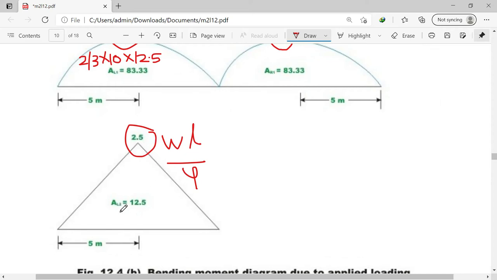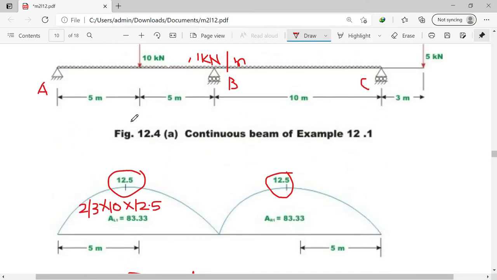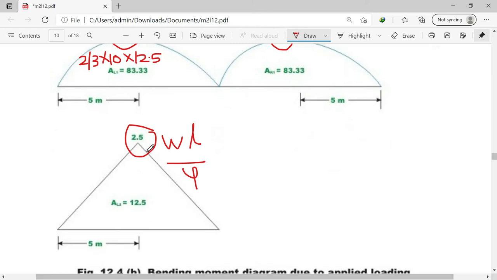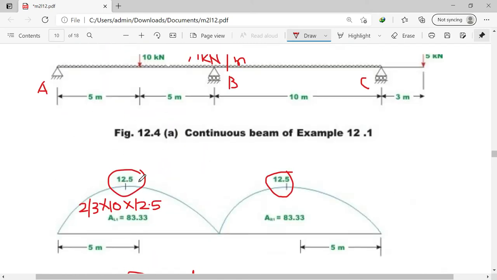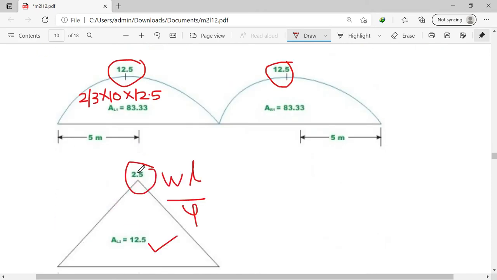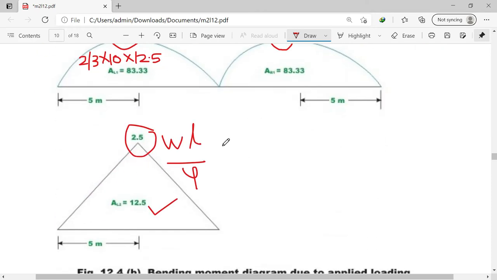The area is half into base into height, that is half into 10 into 2.5, and the answer is 12.5. The x bar acts at 5 meters because the load is acting at the center. Now first of all we have to draw this diagram.